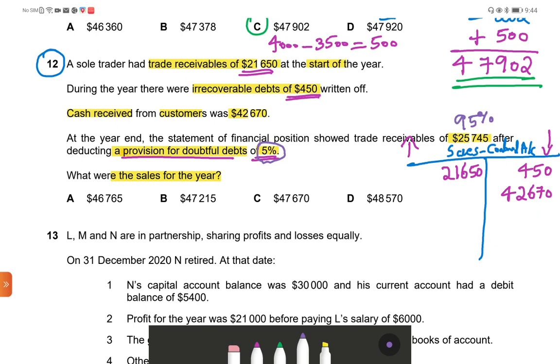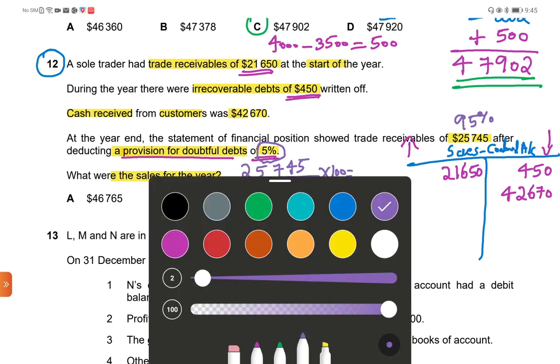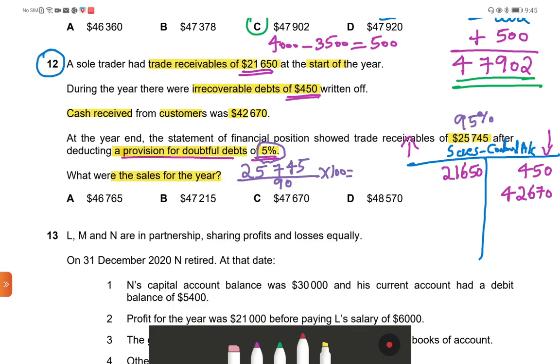So how to find it? 25,745 divided by 95, multiply 100. What is the amount?